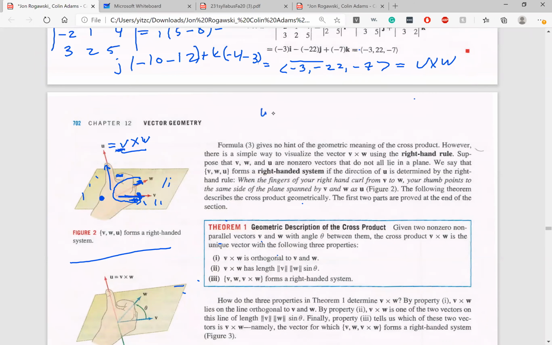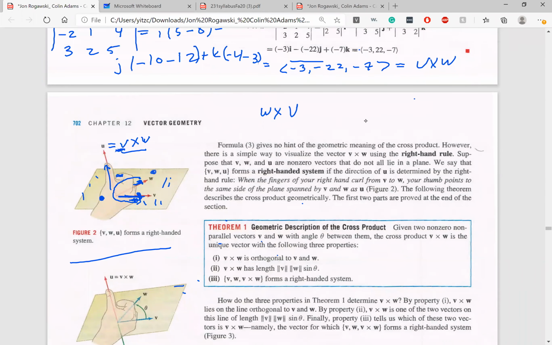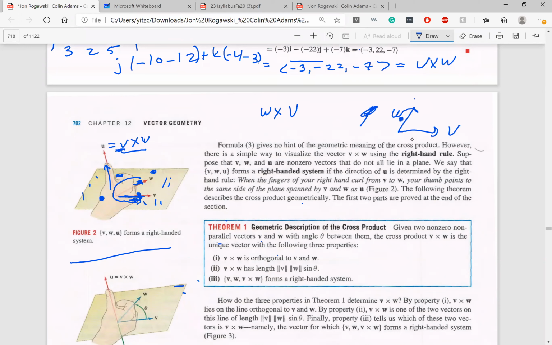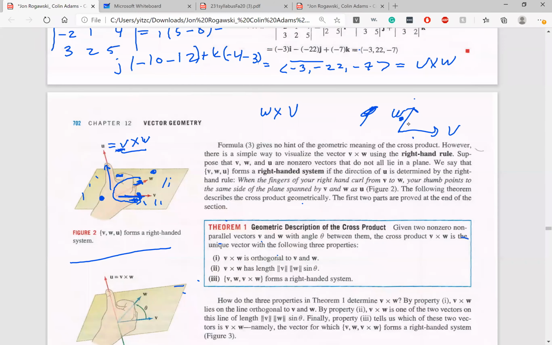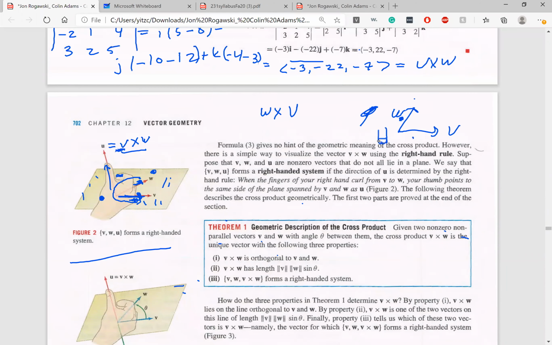If you're looking at W cross V, then your fingers are going to go at W. So let's just draw it. Here's W, and here's V. Your fingers go in the W direction, and the palm of your hand is here. So your hand has to be upside down, and your thumb is pointing in the downwards direction.